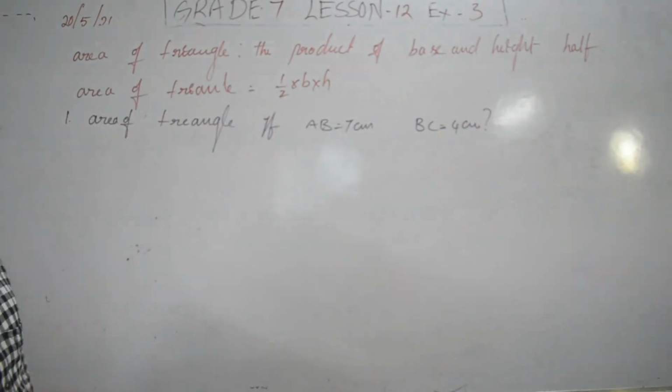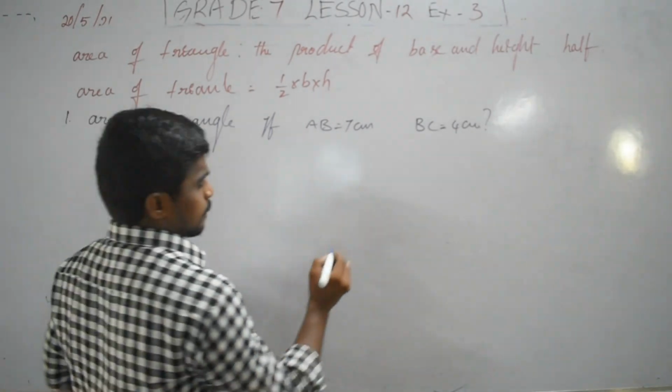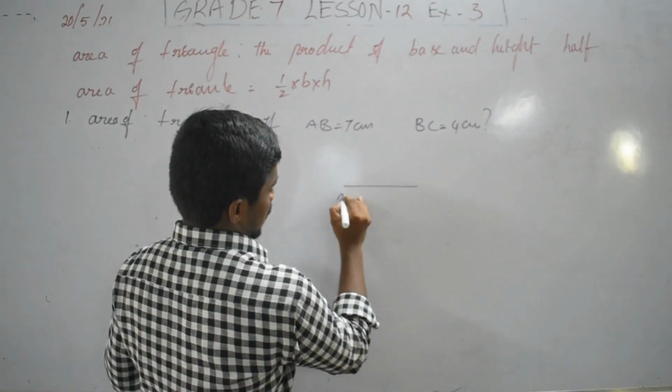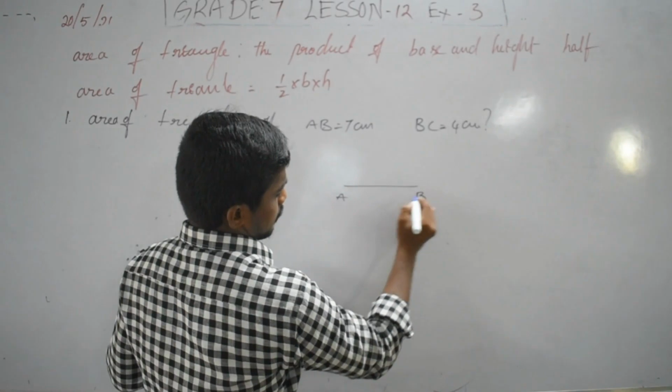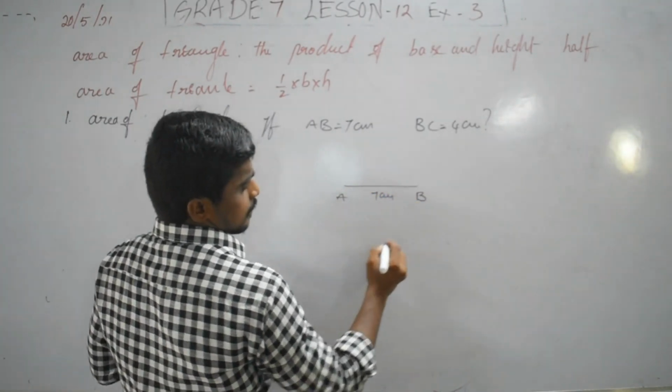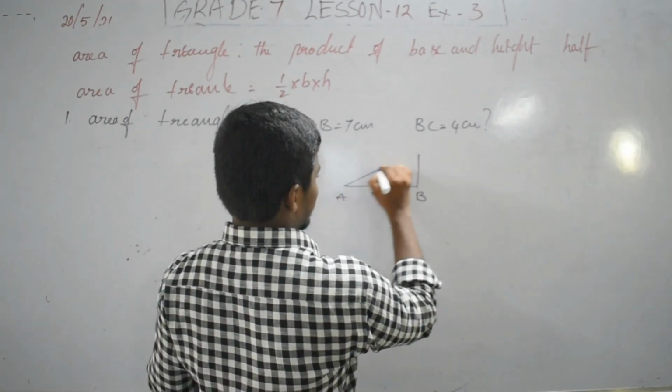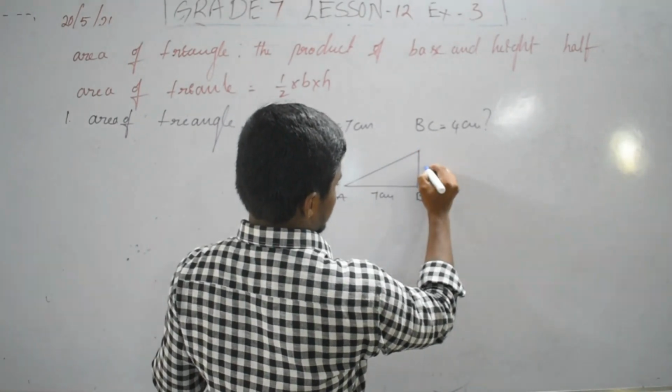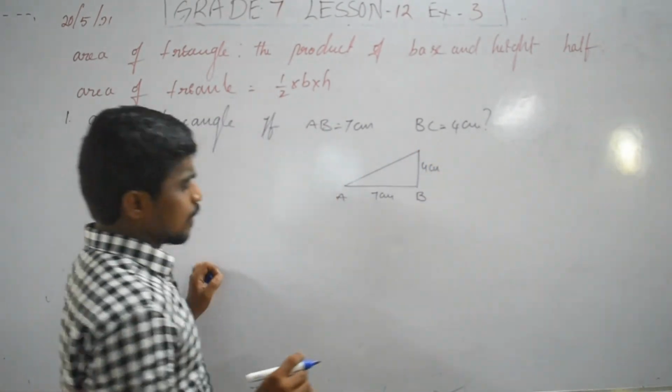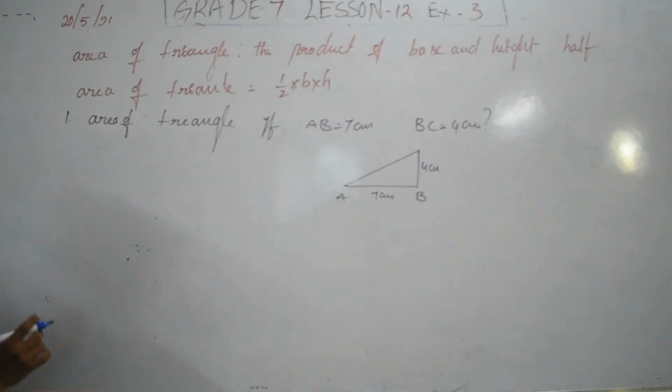That is the problem. Here, see, first you draw AB as 7 centimeters. Now this is BC, 4 centimeters. So what is the area of the triangle?